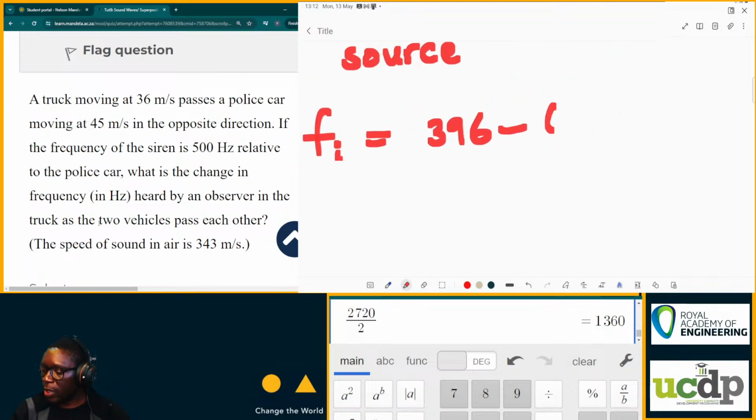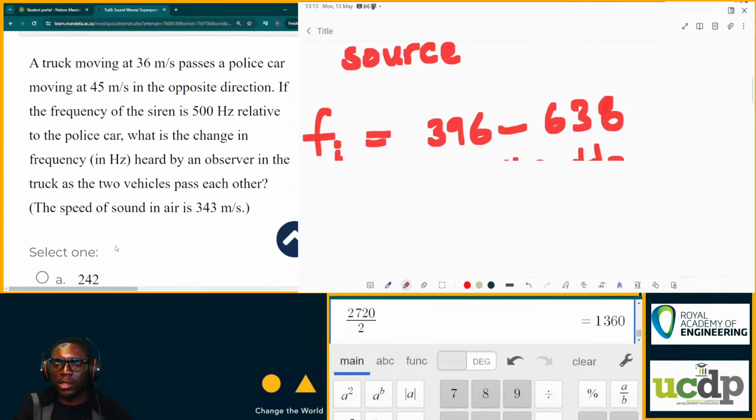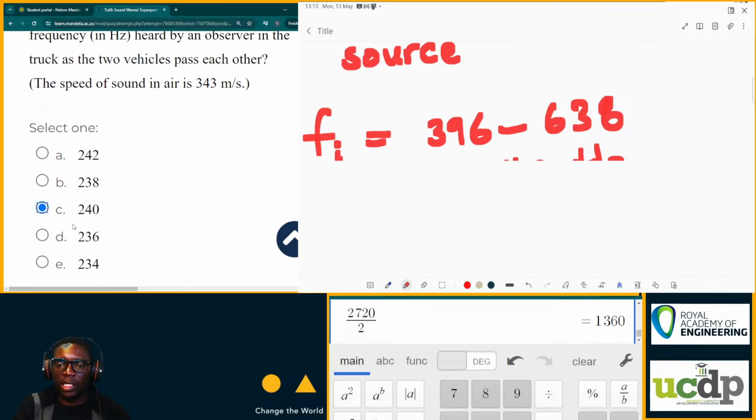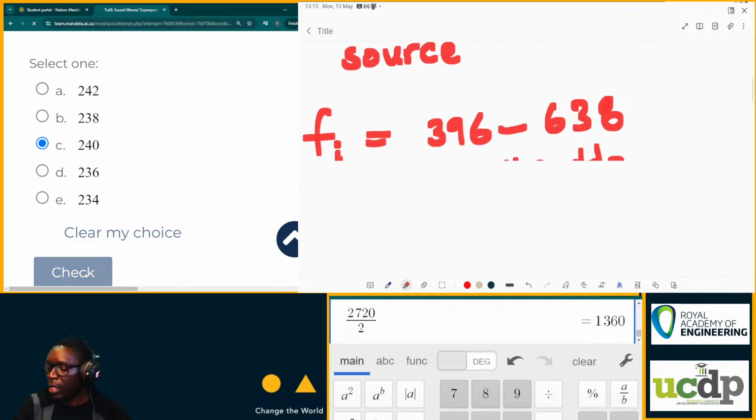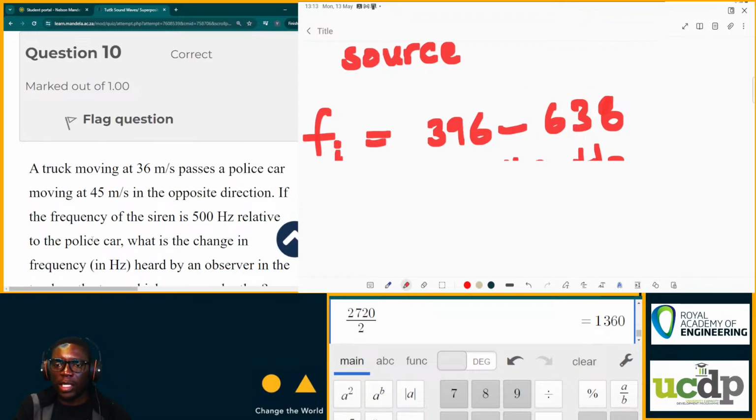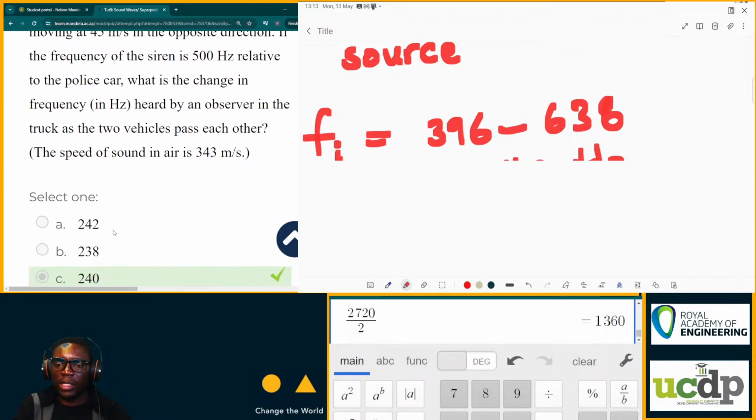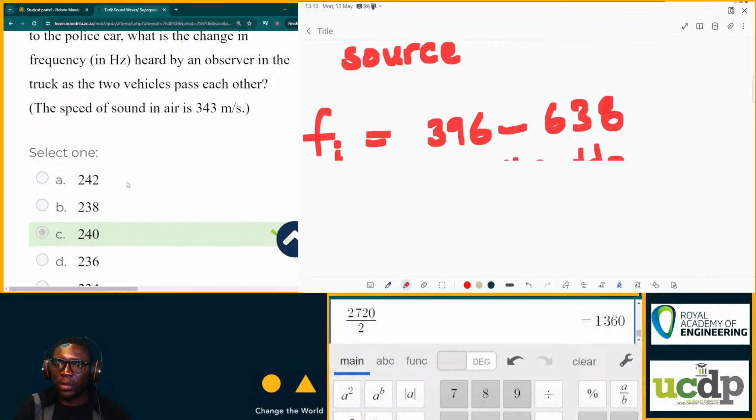So 396 minus 636, that's negative 240 hertz. So the negative simply means the frequency decreases by 240 hertz. So the change is 240 hertz, which we see here in C. So we have a 240 hertz change in frequency when the two vehicles pass each other.